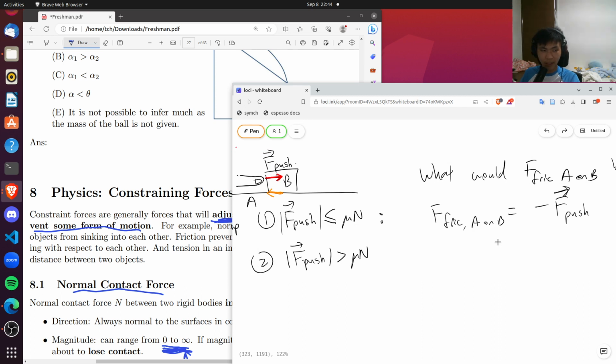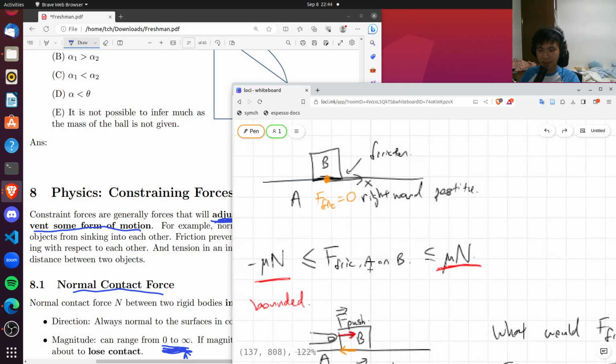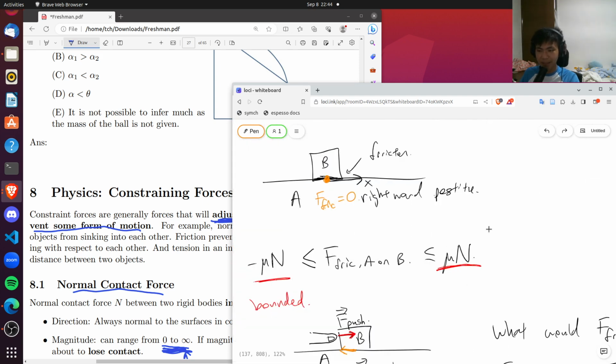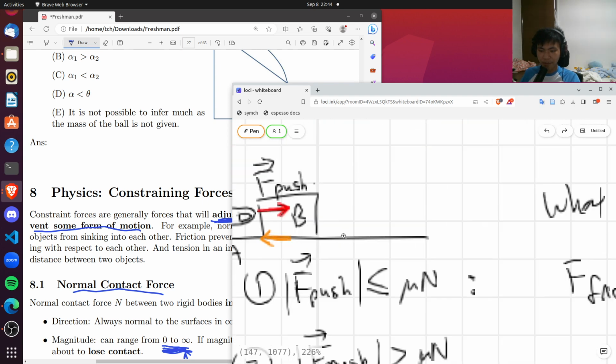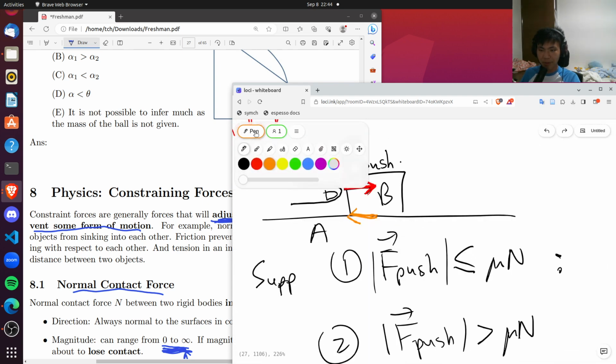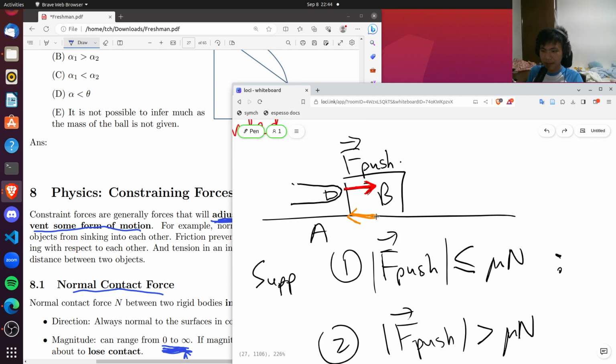This is a fact that I want to emphasize, because just because the maximum frictional force can be mu n doesn't mean that the frictional force will be mu n. Suppose that instead of the orange vector, it was the green vector.